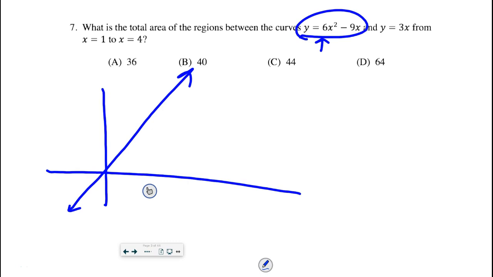Sure. What do you think my 2 favorite points are? What do you think? Think about it. I could find 2 points really easily, and not the vertex. I could find where that equals 0, right? Pretty easily by factoring.